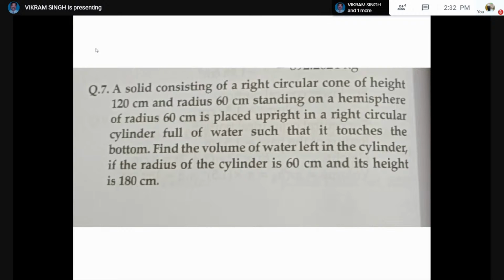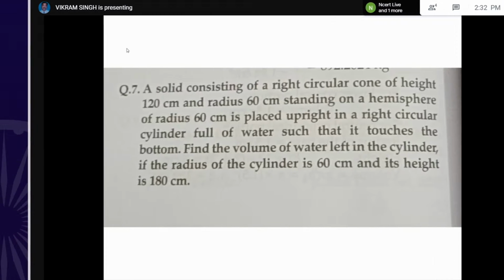Before going to its solution, I want to suggest to the learners or viewers, don't get confused about these quantities, because in this question the number 60 comes frequently, and there are 2 or 3 solids in this question.